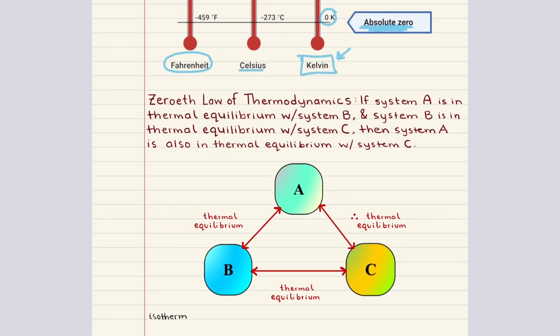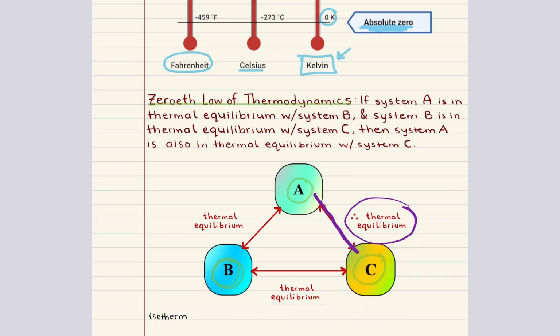With this understanding that temperature is a measurable property, let's go ahead and place it in the broader framework of thermodynamics. This is where the zeroth law of thermodynamics comes in. The zeroth law states that if system A is in thermal equilibrium with system B, and system B is in thermal equilibrium with system C, then system A must also be in thermal equilibrium with system C. That might sound obvious, but it establishes the very foundation of temperature as a measurable and transitive property.